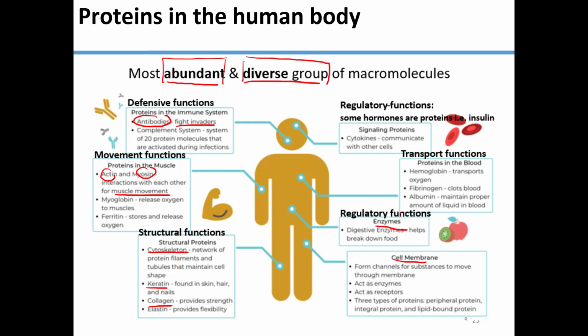Enzymes are going to be really important, and we're going to look at how they speed up reactions. We have hemoglobin in blood, which transports oxygen. And we have many regulatory ones too, like hormones, which are proteins that elicit hormonal responses, like insulin.